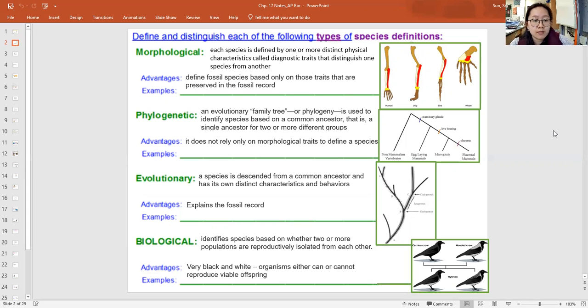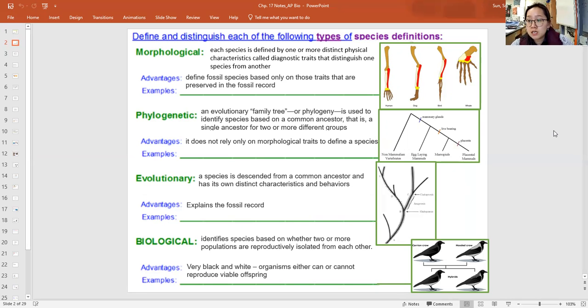The next one we have is evolutionary species definitions, and the concept is that a species is descended from a common ancestor and has its own distinct characteristics and behaviors. This one looks pretty similar to the phylogenetic one because it works in a tree format as well, and there's going to be cladogenesis or anagenesis where differences are being developed.